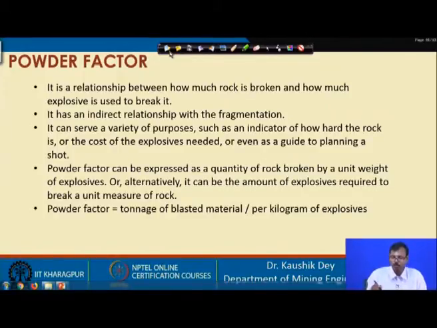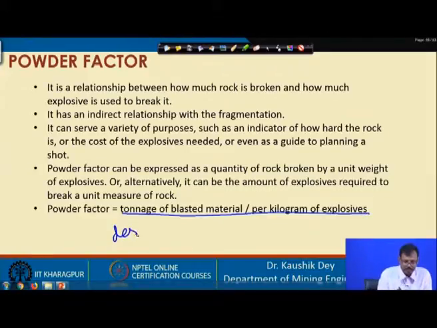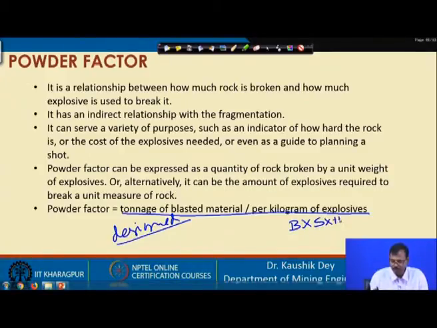Generally, theoretically we consider the powder factor as nothing but the tonnage of blasted material per kg of explosive. Designed powder factor is another term, which is considered as the tonnage of material, that is, burden into spacing into bench height, which gives us the meter cube of material.